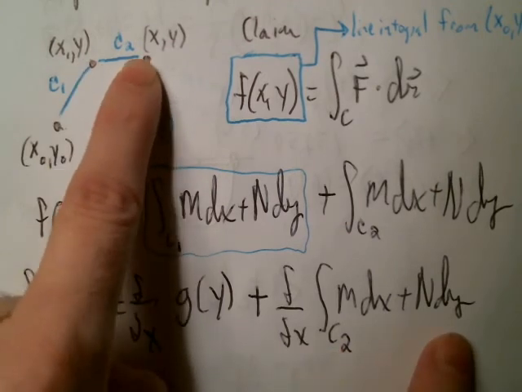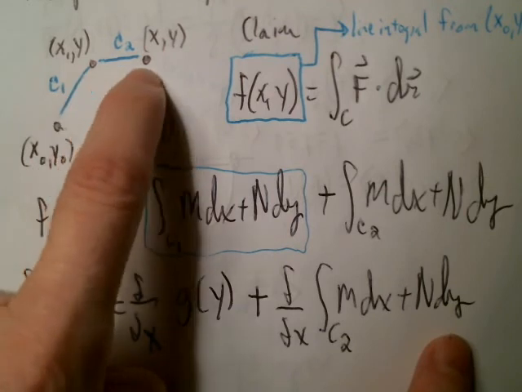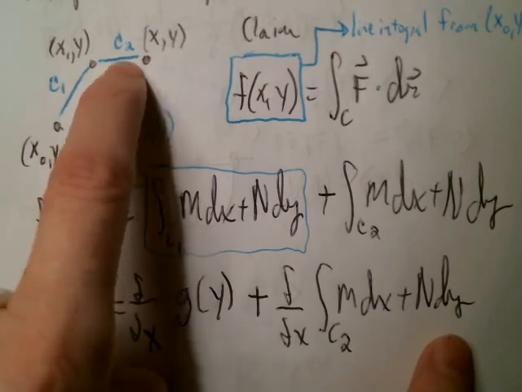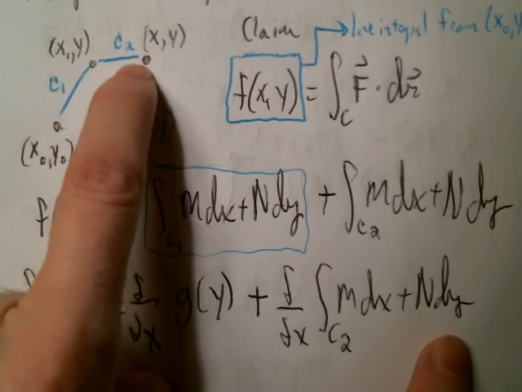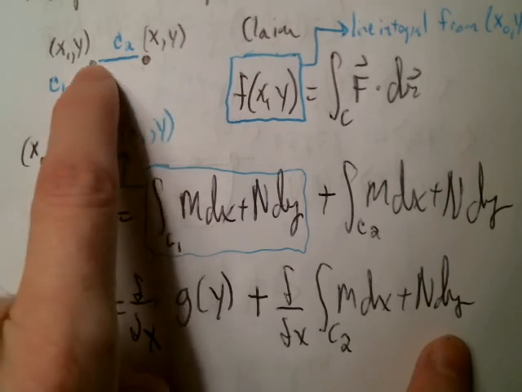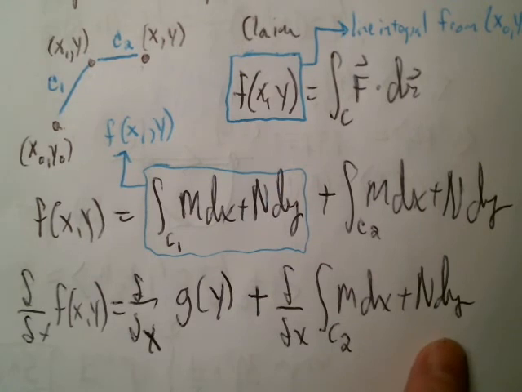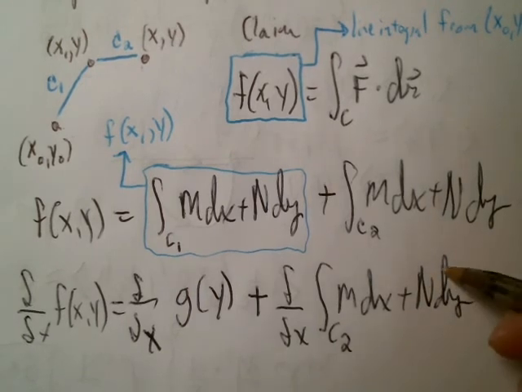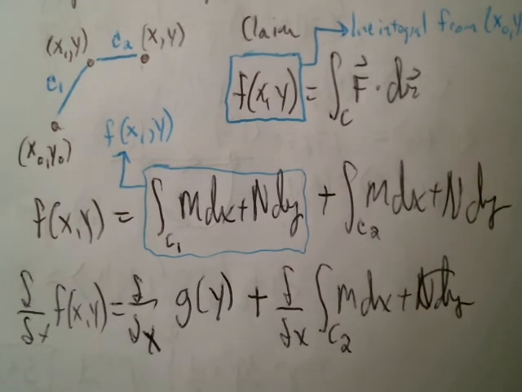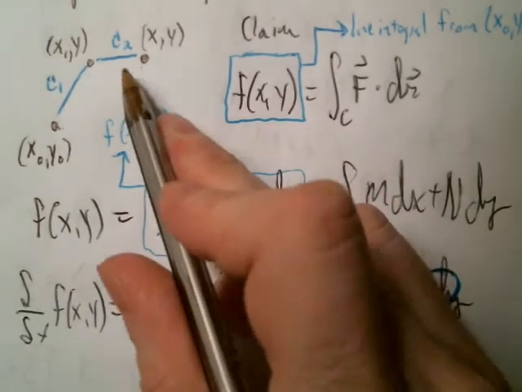You can even imagine doing a parameterization of this horizontal line with a vector valued function, and the y component is 0. So this part of the line integral is going to be 0, because of the way we chose that line.